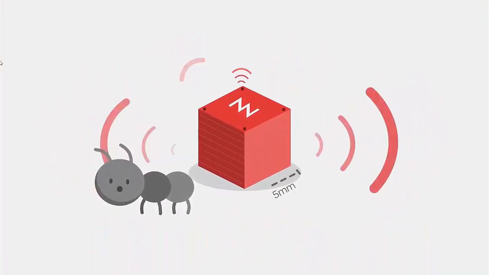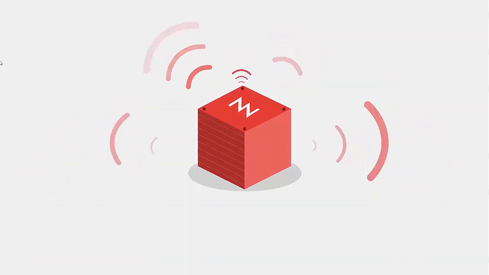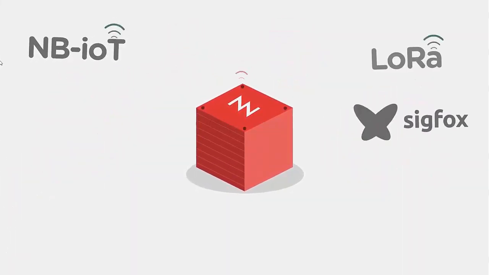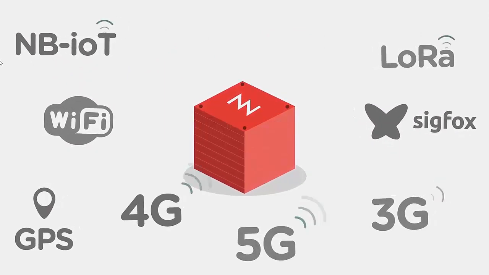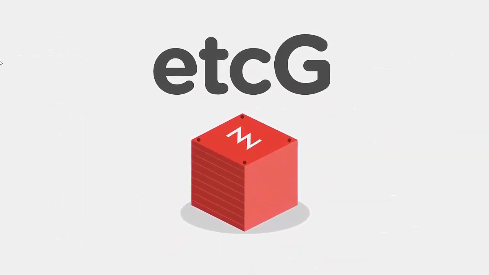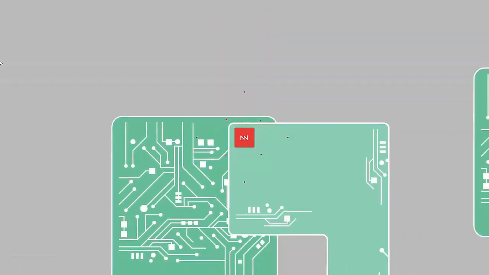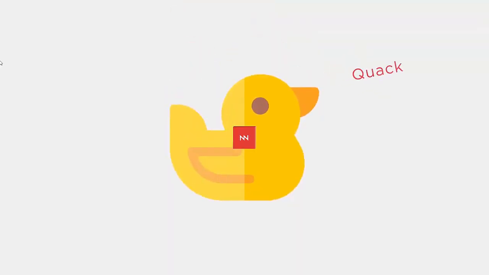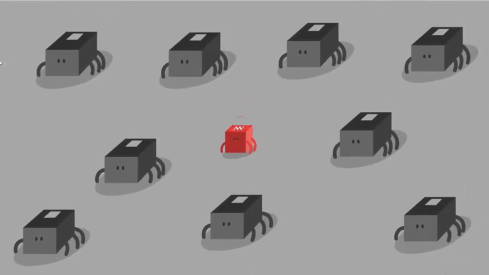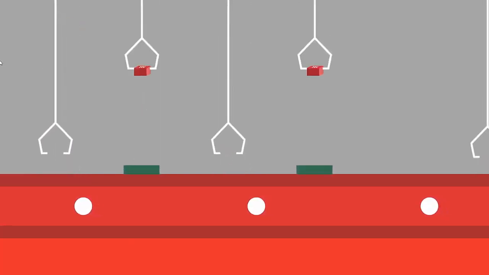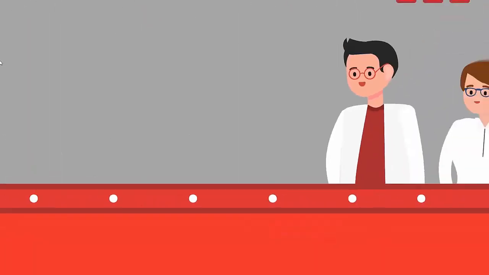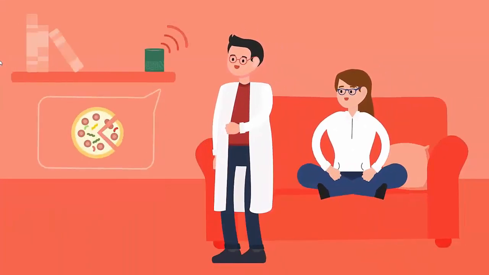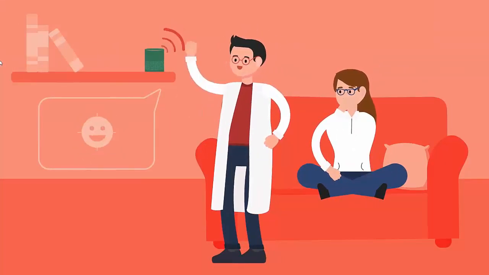This little genius is multiband. It works to any standard or frequency. NB-IoT, LoRa, Sigfox, Wi-Fi, GPS, 3G, 4G, 5G, or whatever G they come up with next, probably 6. And because it's tiny and delightfully versatile, it'll fit in any wireless product, regardless of the form factor and frequency band. Your friendly new little antenna component works just like another chip. Need to reduce your time to market? Use virtual antenna on your project so you can move fast. On to the next one. Or sit back, relax, and eat more pizza. Fridge. Oh, go on then.